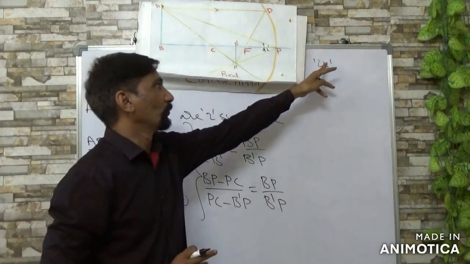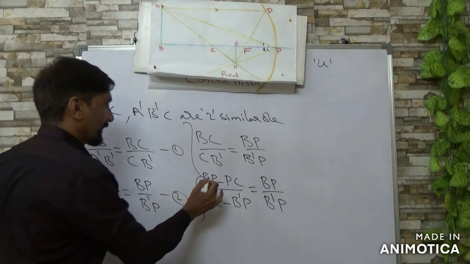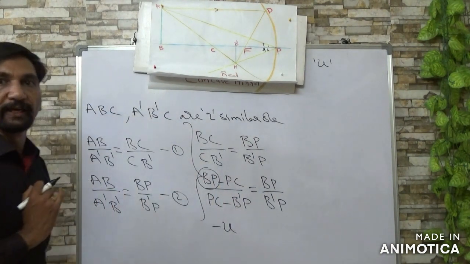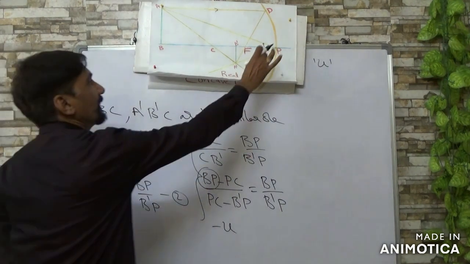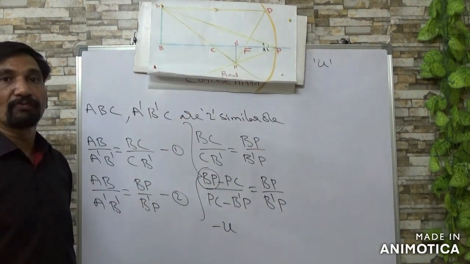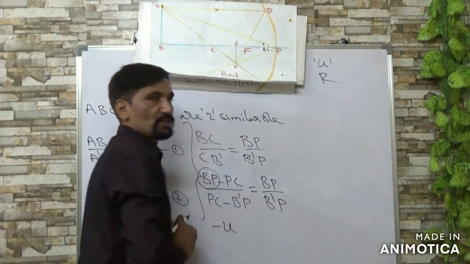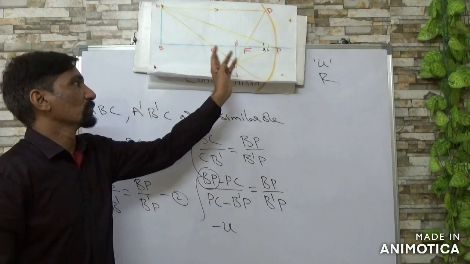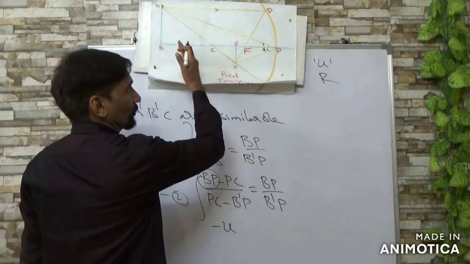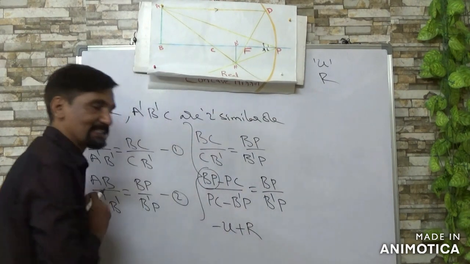That is U, but it is on the left side, so it is minus U. Next, P to C, pole to center of curvature, is nothing but the radius of curvature. The pole to center is the radius of curvature, on the left side, so minus R.